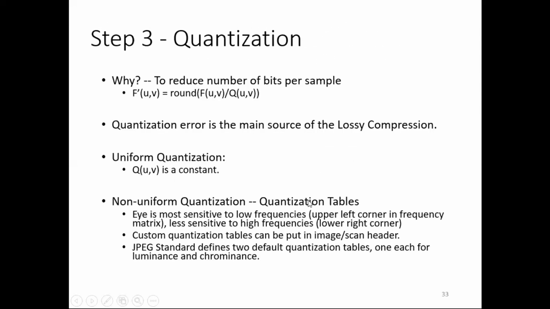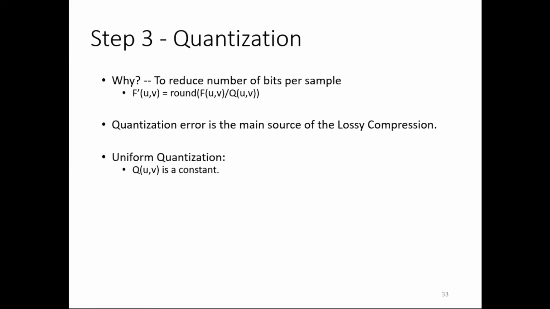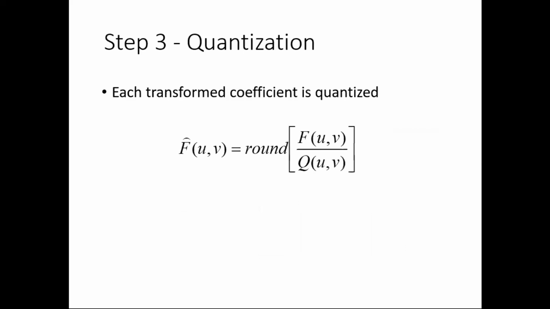First, just try to do non-uniform quantization with an example, right? This is very simple. We divide the pixel value by the quantization factor. Then we round this amount to the nearest unit, right?